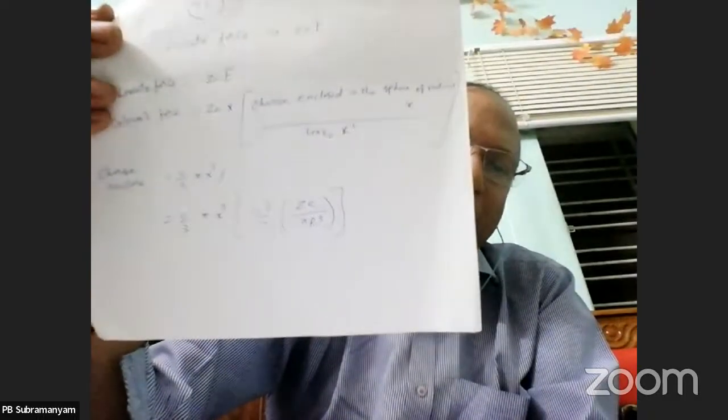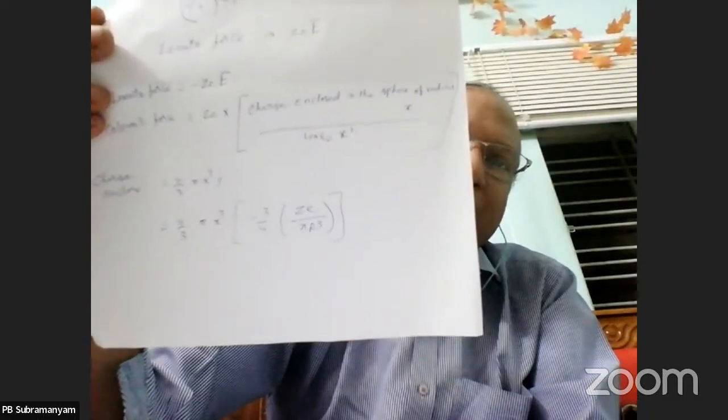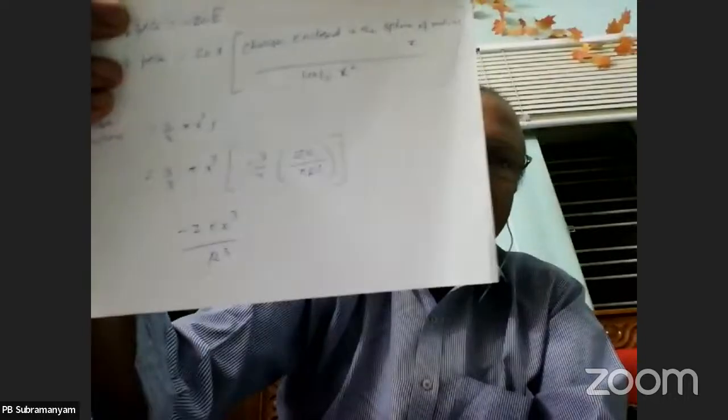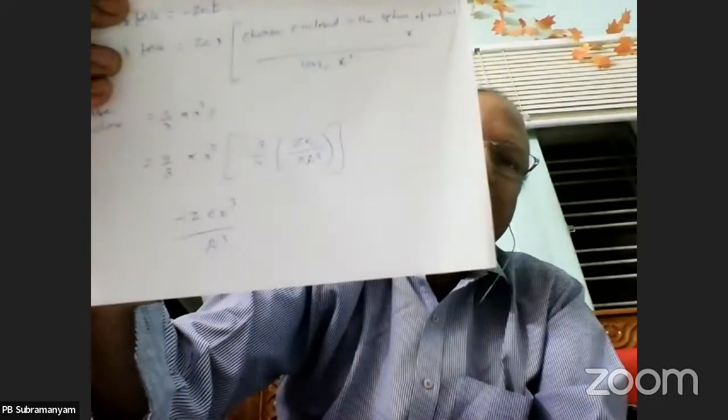The rho value we already have, and you substitute it here. Then all you have to do is simplify it. After simplifying and cancelling, you will get minus ZE x cube by r cube.